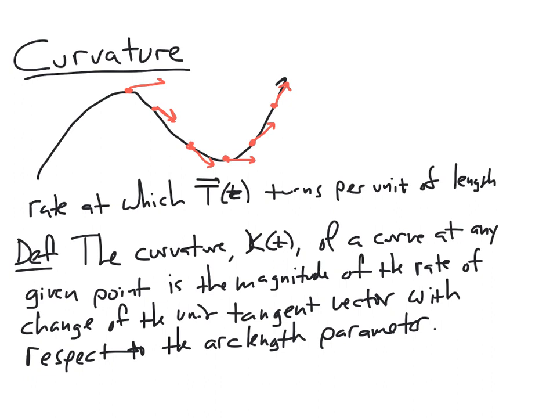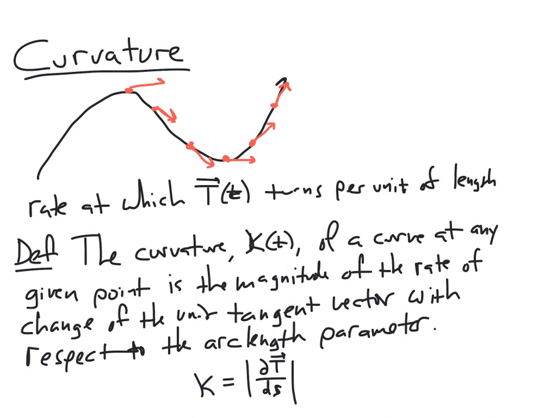So we can summarize this whole definition in a simple equation. This definition says that kappa is the magnitude of the rate of change of the unit tangent vector, dT, with respect to the arc length parameter ds. And usually this is the equation that we see.